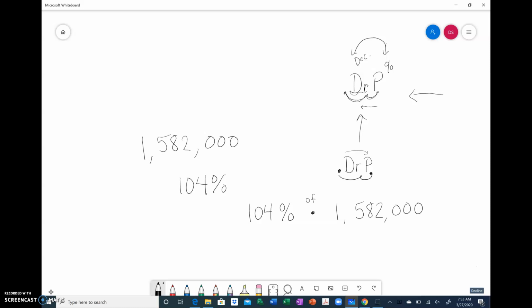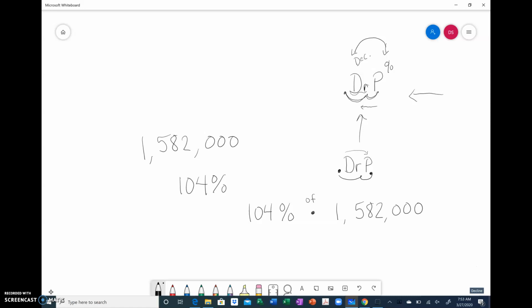The trick with multiplying percents is you cannot just type 104 into your calculator. 104 and 104% are not the same thing. So when you have to multiply percentages, you must change them to decimals first. And that's why this is included in this lesson, because we've been talking about changing percentages to decimals.